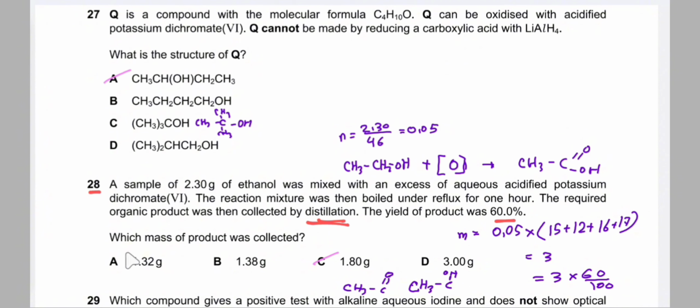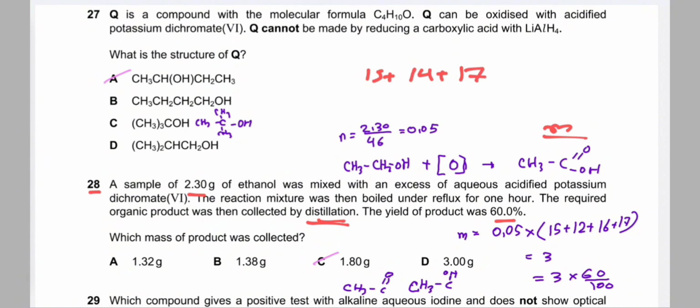So this is the overall reaction, and we need to find the mass of product. We have been given the mass of the ethanol. So we need to find the number of moles of ethanol. So number of moles is equal to mass in grams divided by Mr, and Mr is CH3 is 15 plus CH2 is 14, and OH is 17.